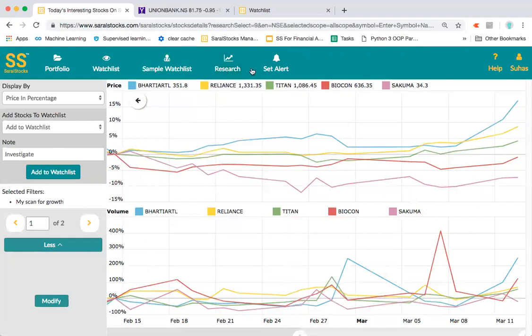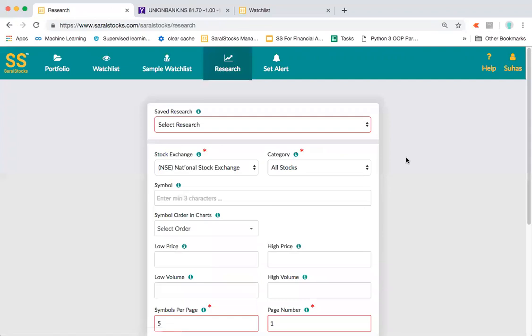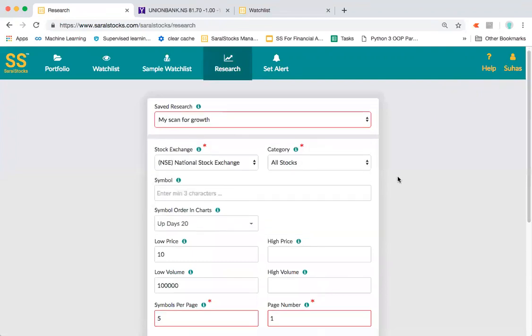And now let's go back and look at the research page one more time. What I can also do is, I can go and choose this scan for growth, but instead of selecting all stocks in my category, I'll only choose the stocks in my watch list.